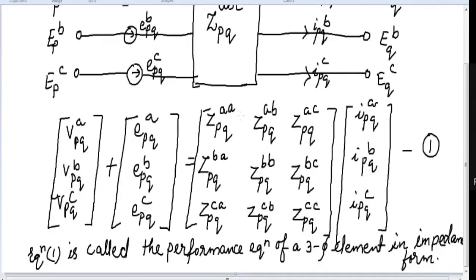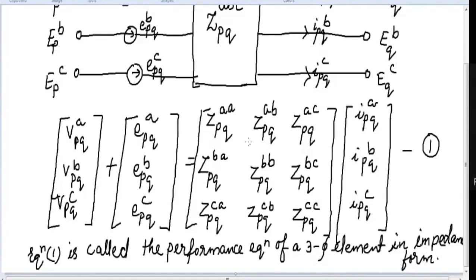If I say ZPQAA, it is the self-impedance of the element between the nodes P and Q with reference to phase A. Similarly, ZPQBB is the self-impedance of the element between nodes P and Q with reference to phase B. Similarly, ZPQCC will be the self-impedance of the element between the nodes P and Q with reference to phase C. Okay, so these are the diagonal terms.